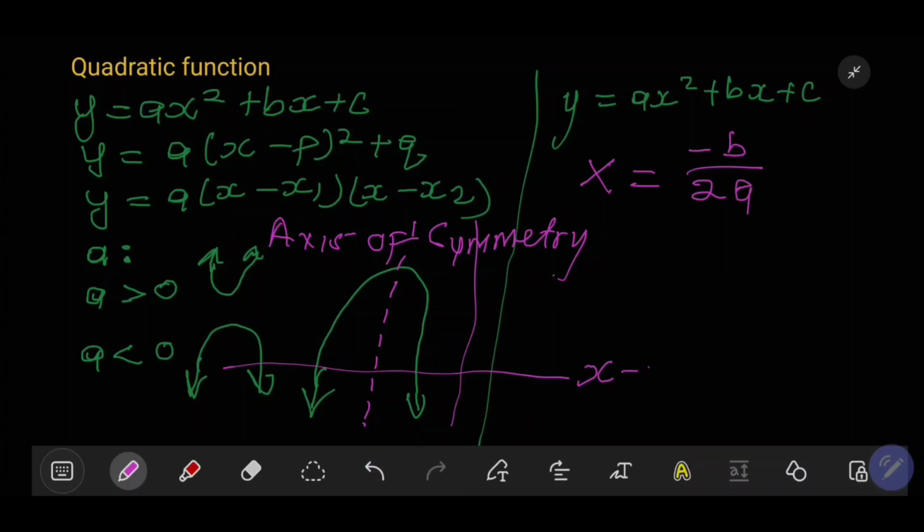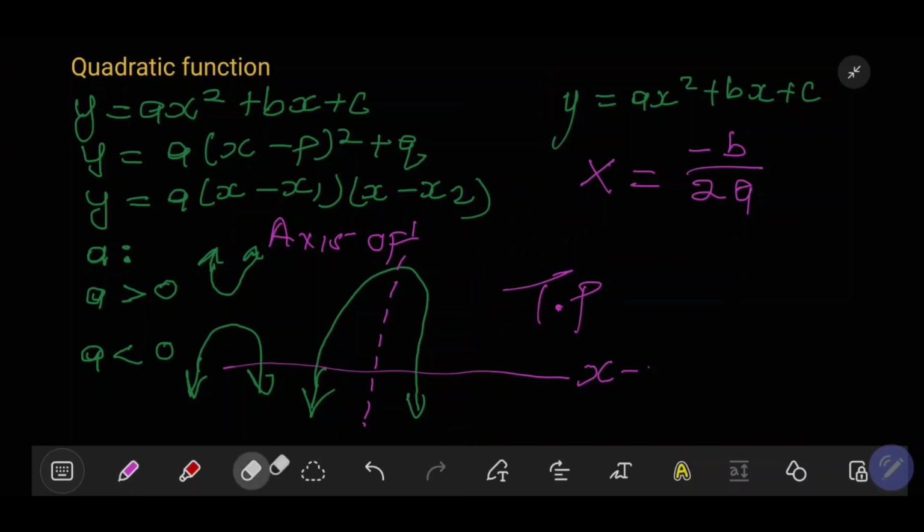Then to calculate the turning point of this graph, because now we have the x coordinate that divides the graph into two equal halves, which is the axis of symmetry, to get the y value we check the point of contact between the graph and the axis of symmetry.